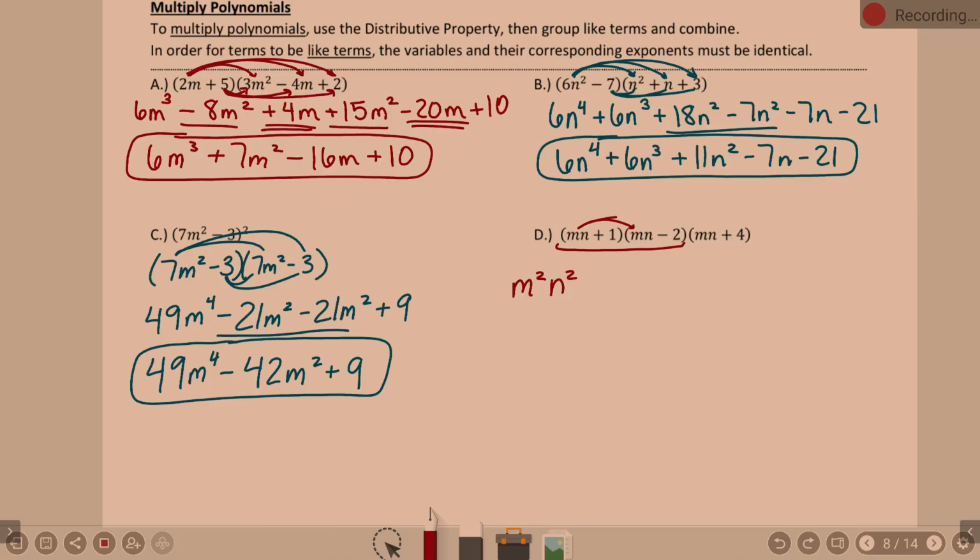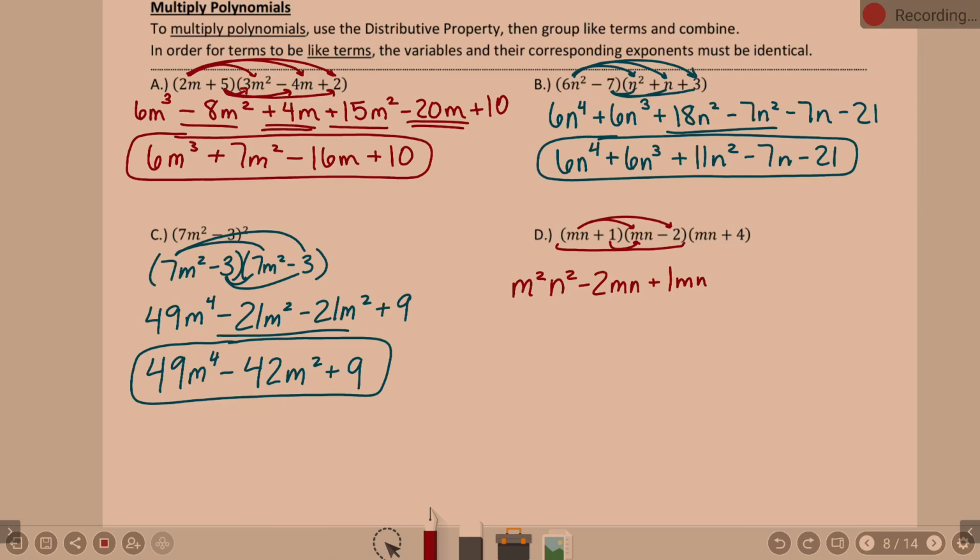Okay, continue. Mn times negative 2 is negative 2mn. Now distribute my 1. 1 times mn. You can say plus 1mn or just plus mn. Notice I did put the +1 here, but this isn't a final answer, is it? It's part of my work.